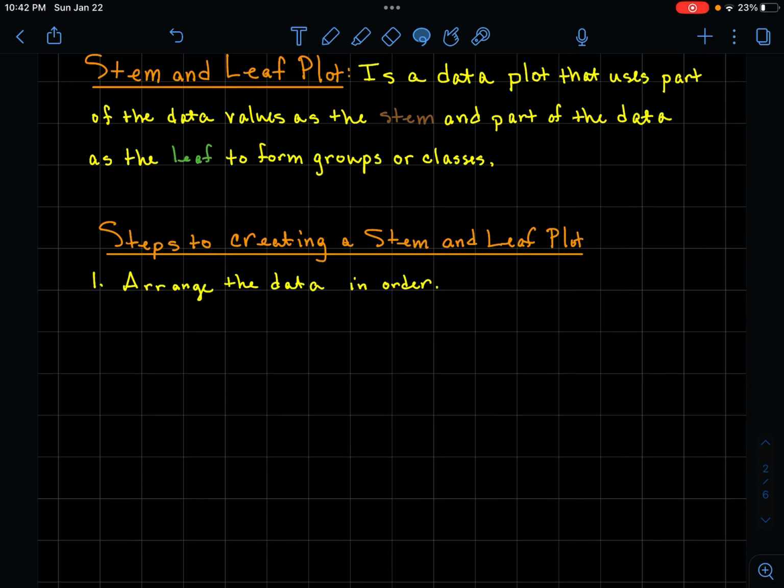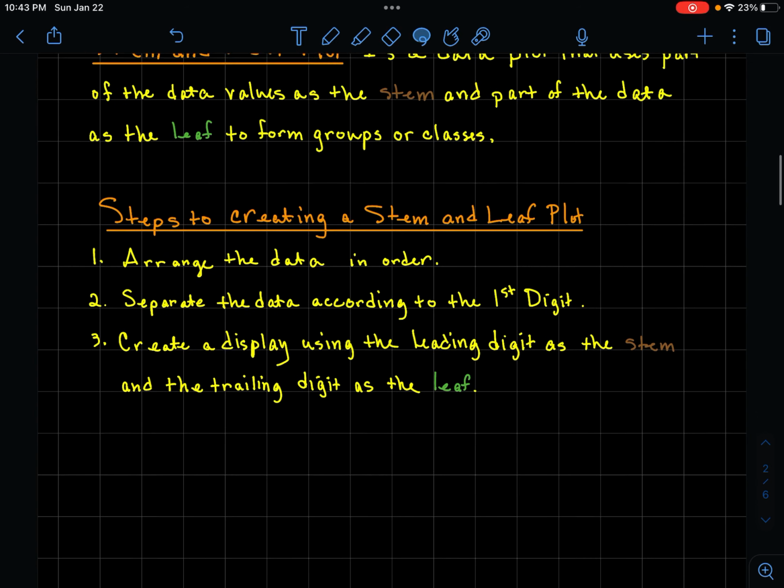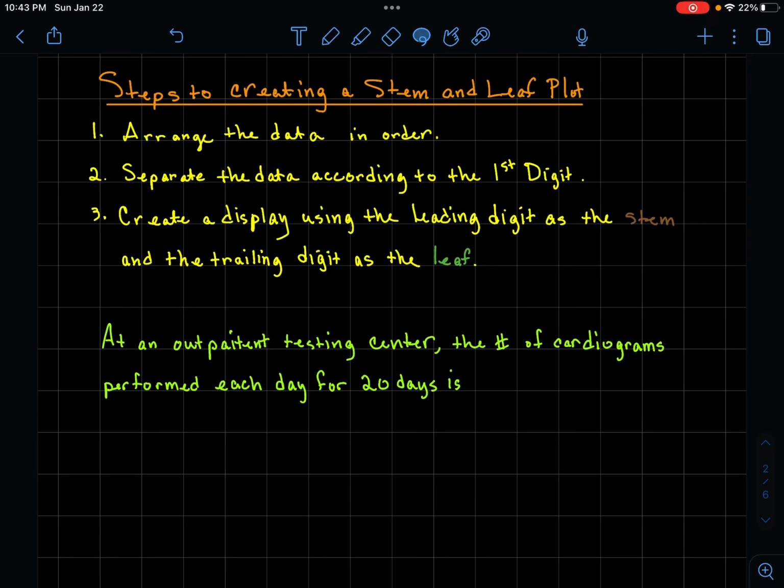The first one is we want to take our data and arrange it in order, from the smallest data point up to the largest one. The second step is to separate that data according to the first digit. And the third step, create a display using the leading digit as the stem and the trailing digit as the leaf.